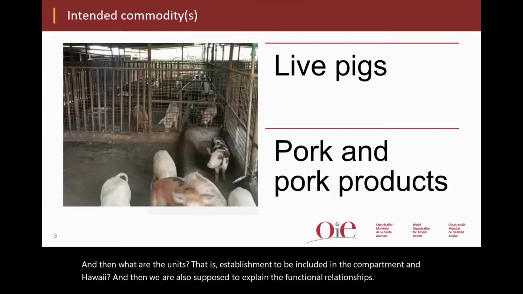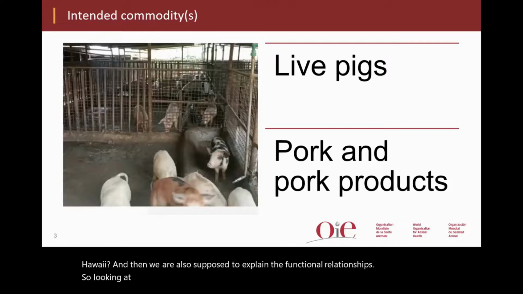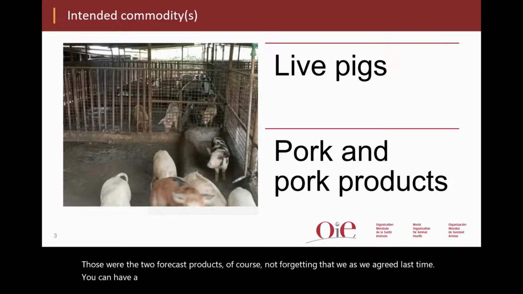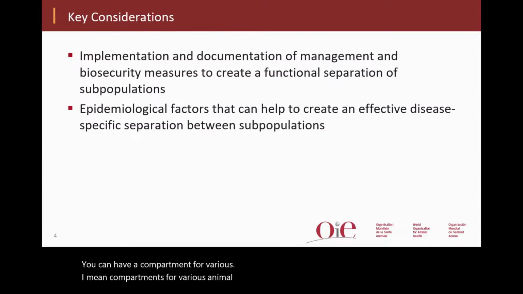Looking at it, the intended commodities for our case were live pigs and pork products. Those were the two focus products. Of course, not forgetting that, as we agreed last time, you can have various compartments for various animal species, depending on your interest.